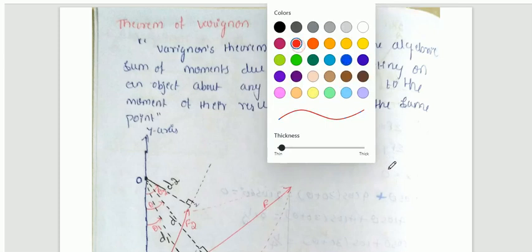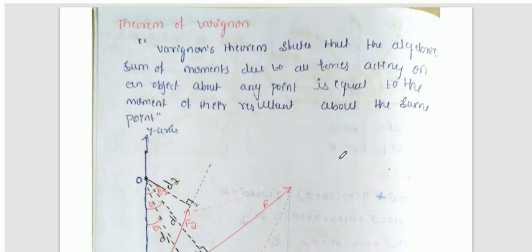if you have a number of forces, it may be 1, 2, 3, 4. According to this theorem, the moment of individual forces acting on a body is equal to the moment due to the resultant.